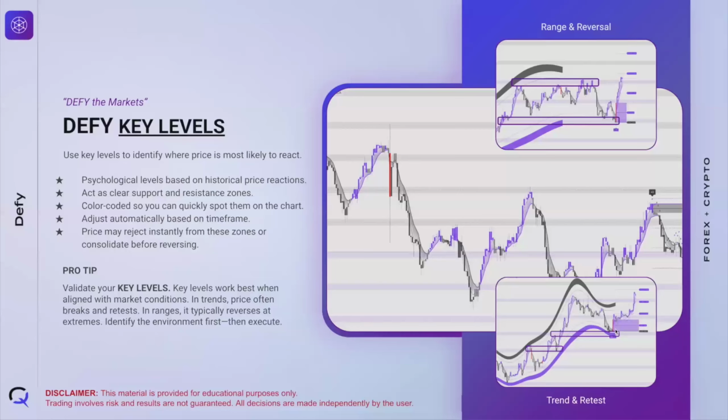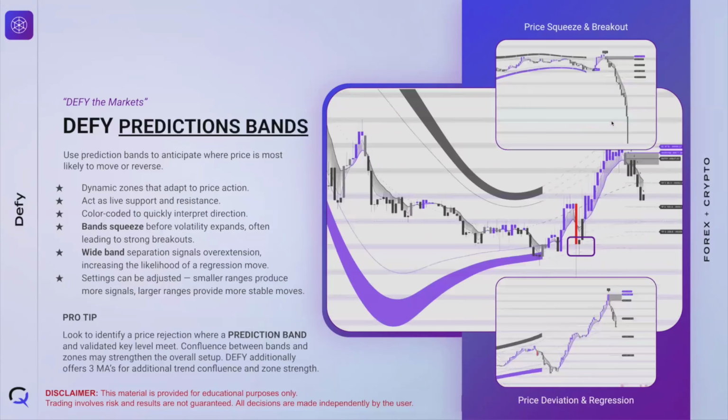This is how we begin to validate these key levels. And you can also see it in ranges for reversals. So we have range highs and sometimes we have range lows, and you can use these range lows again to validate these key levels.